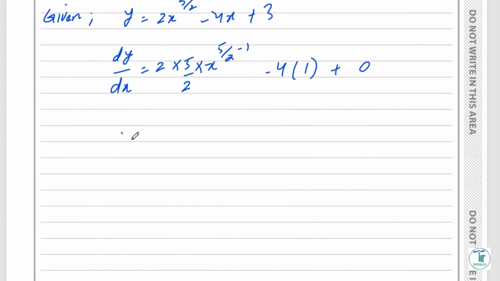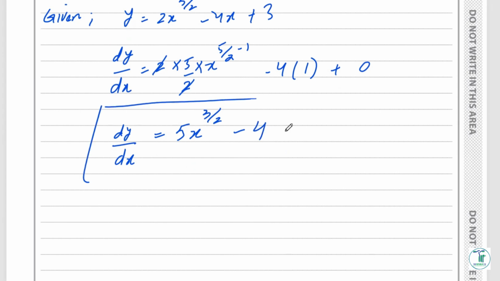So now I would be having dy upon dx is equal to, this 2 and 2 cancels out, and you have got 5x to the power of, 2 times 1 is 2, 5 minus 2 is going to be 3, so 3 upon 2. So I've got 3 upon 2 negative 4.